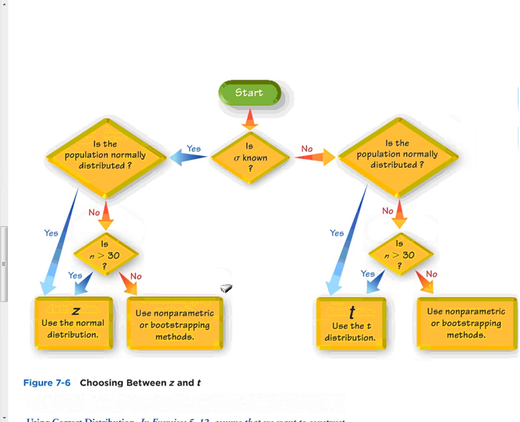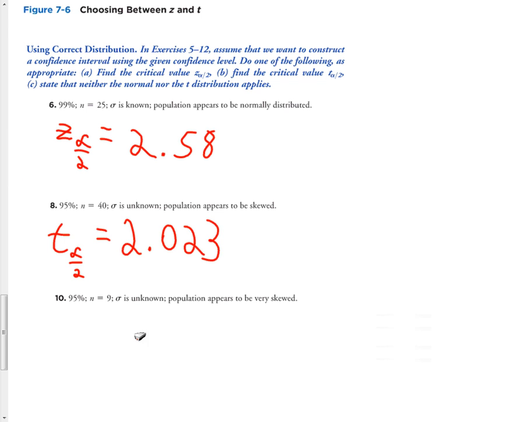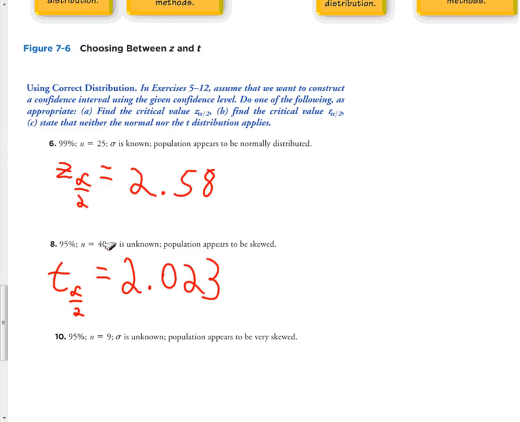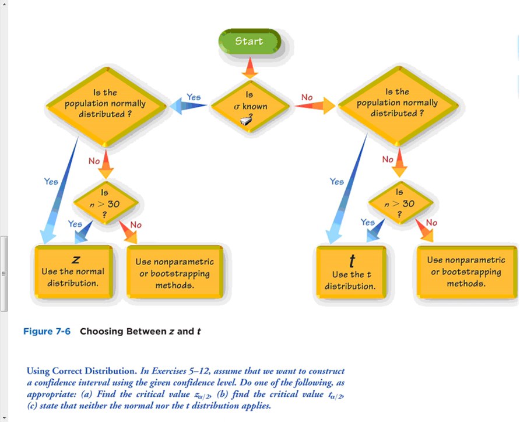From the start, we follow this flowchart down, and it asks us a question: is sigma known? If we take a look down here at number 10, it says sigma is unknown, so the answer is no. Then it asks another question: is the population normally distributed?